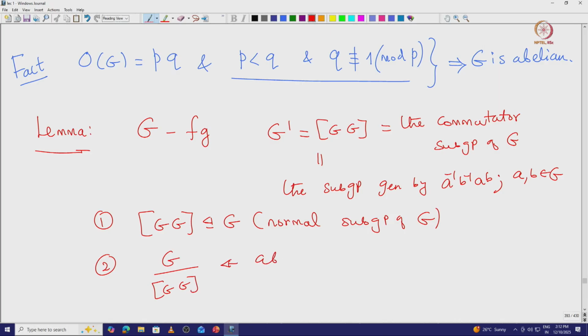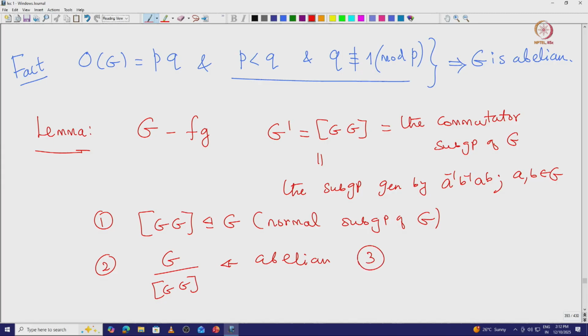Not only that, suppose we have another normal subgroup that gives us an abelian quotient, then that normal subgroup must contain [G,G].